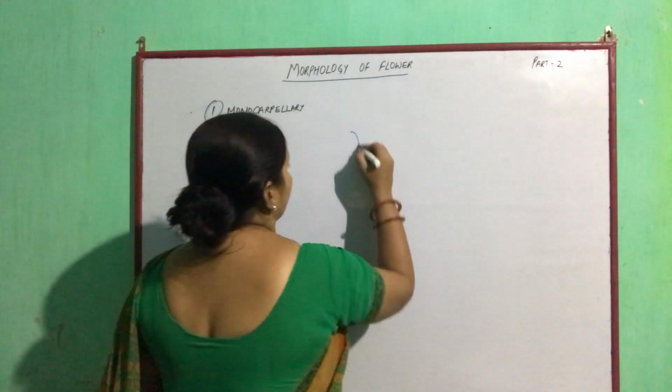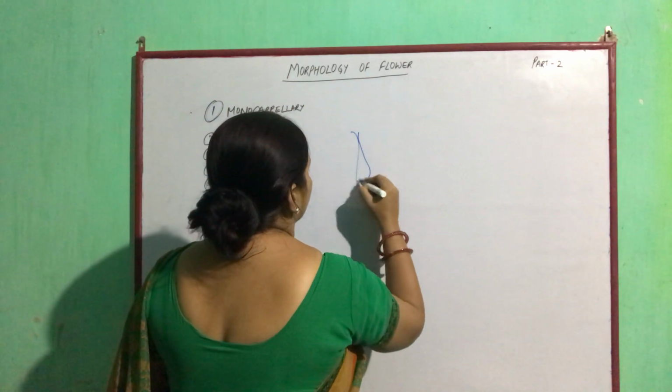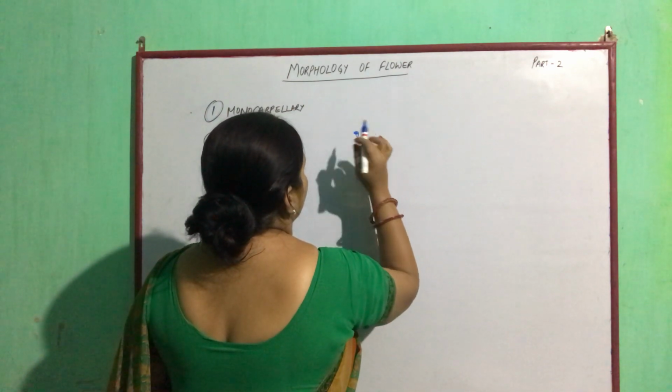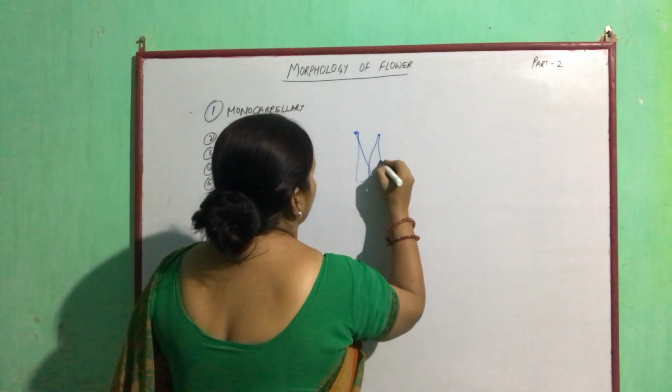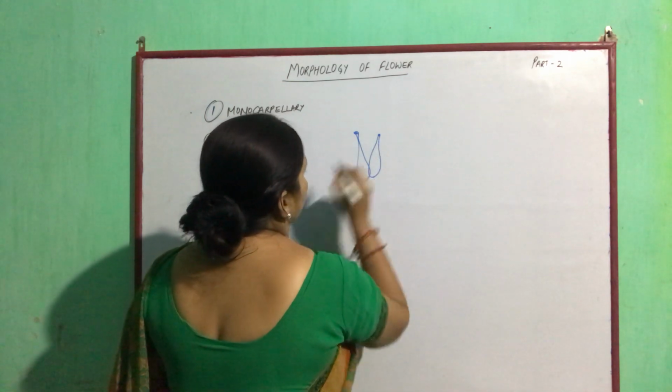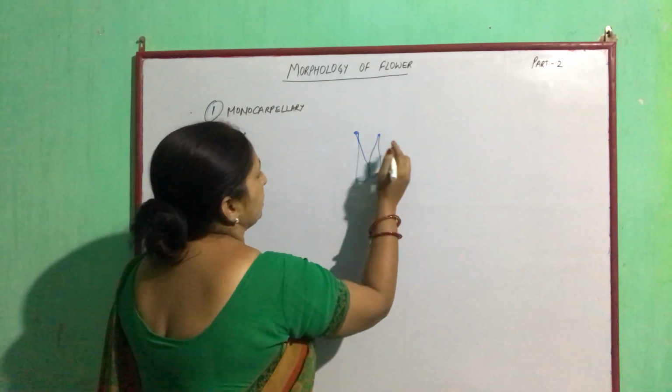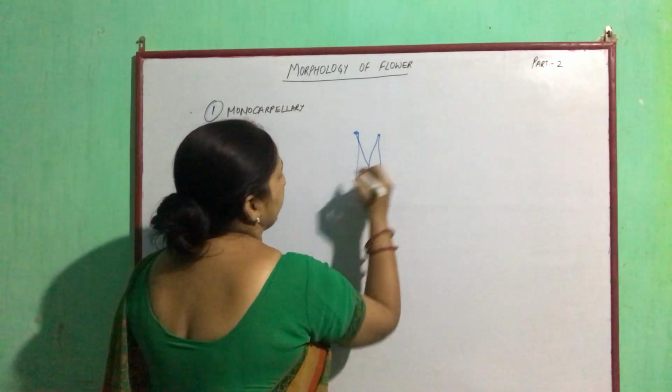If it has two, stigma, style, ovary structures, then it is bicarpellary.